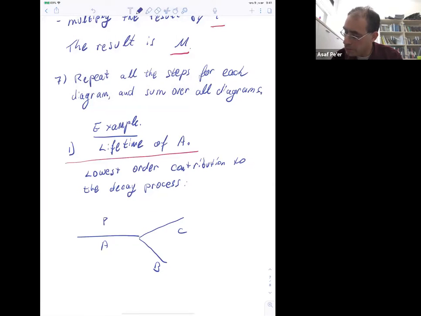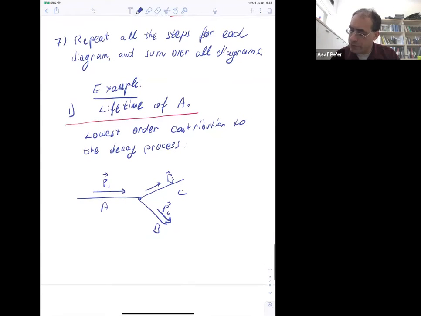So this will be P1, and it's incoming to the vertex. So P2, the arrow is outgoing away from the vertex. And this is P3, and it's going again away from the vertex. So I'm pretty much done with rule number 1.